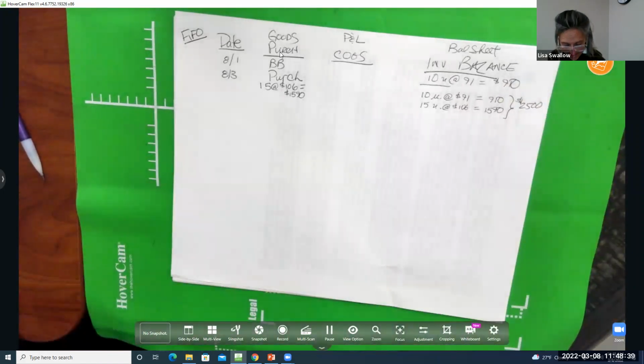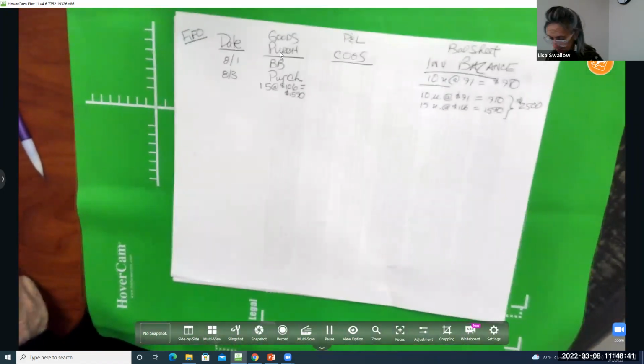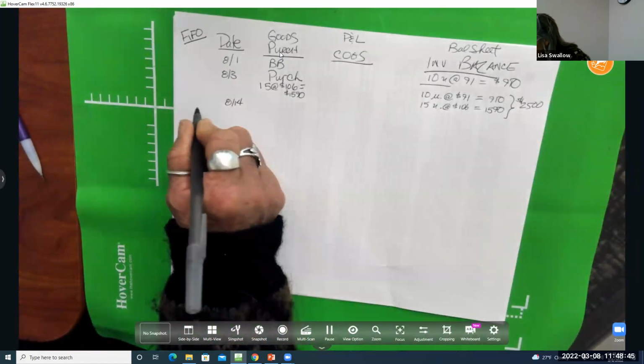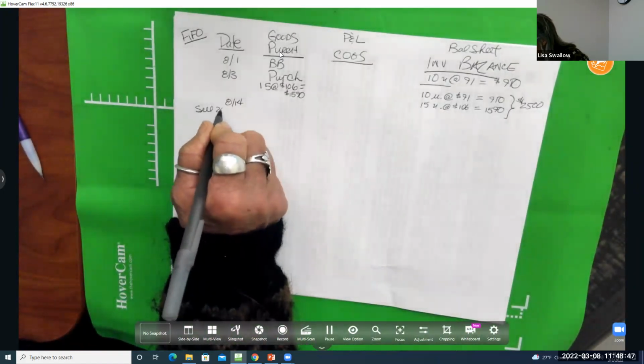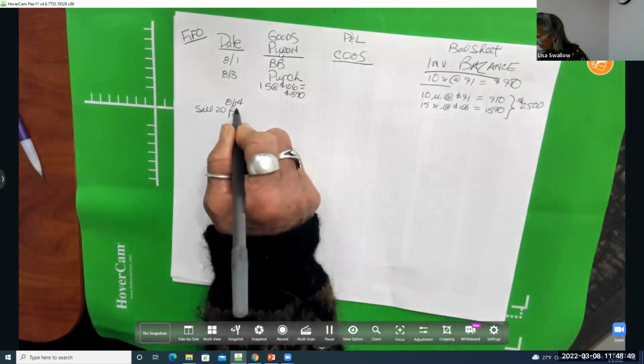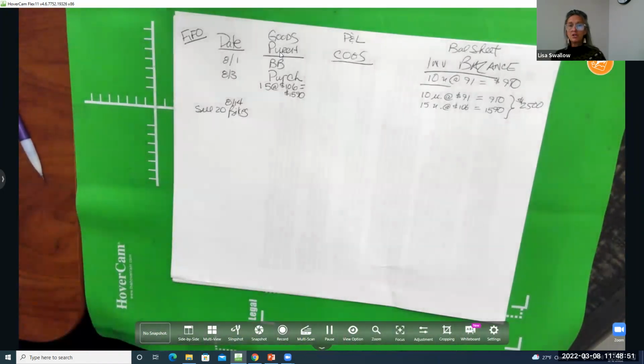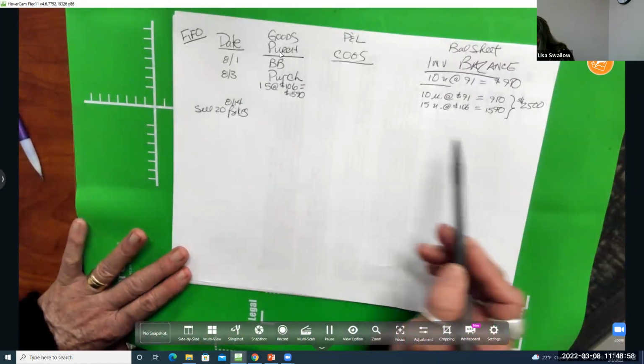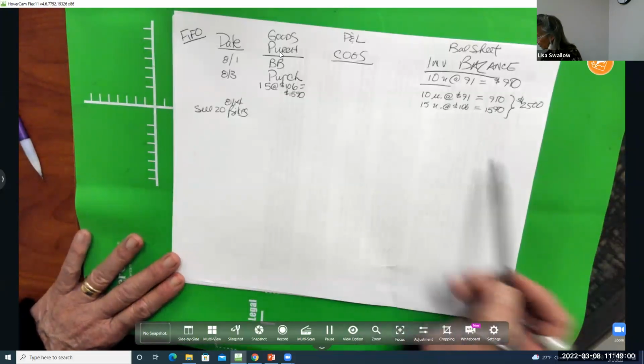Okay, and then the next thing that happens on the 14th is I sell 20 of them. And I'm using FIFO. So I'm going to calculate my COGS and I'm going to calculate what's left here.